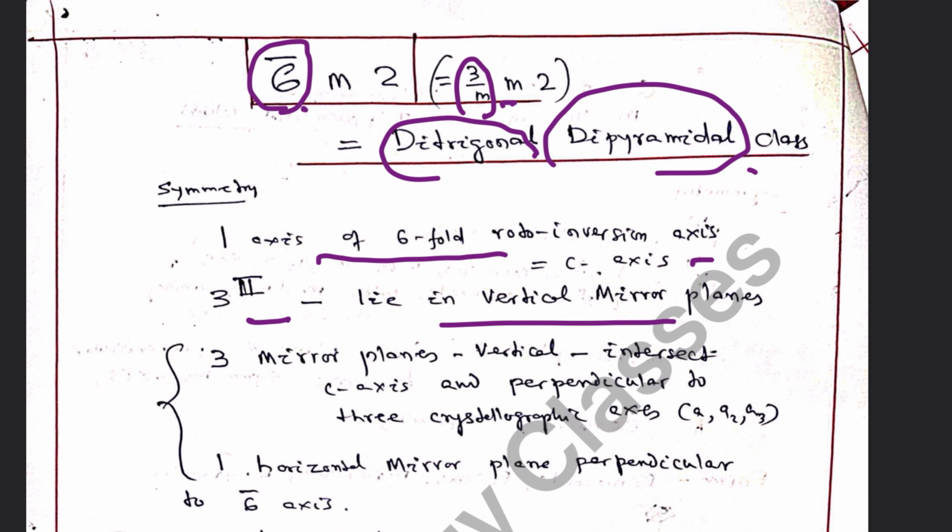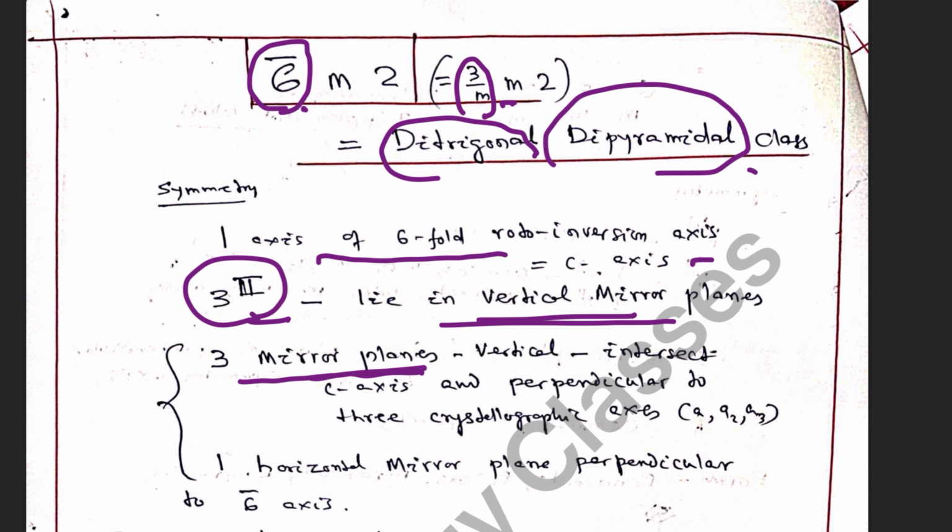Three axes of 2-fold, three mirror planes. These three 2-fold axes of symmetry lie in the vertical mirror planes.